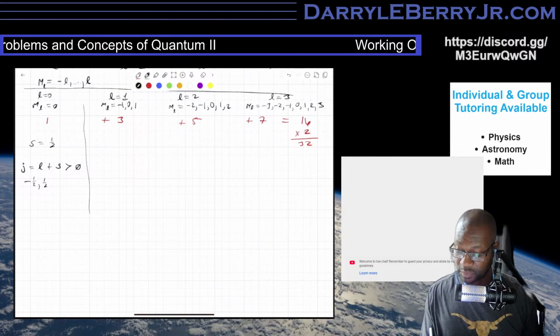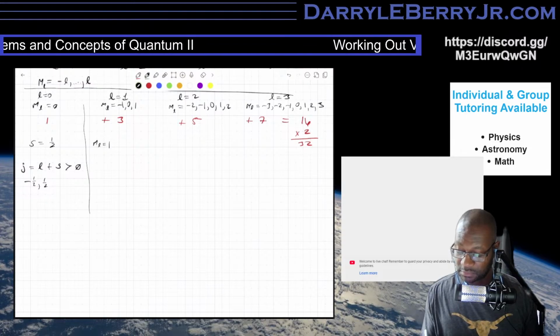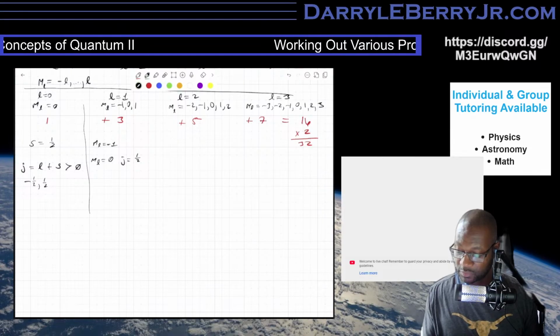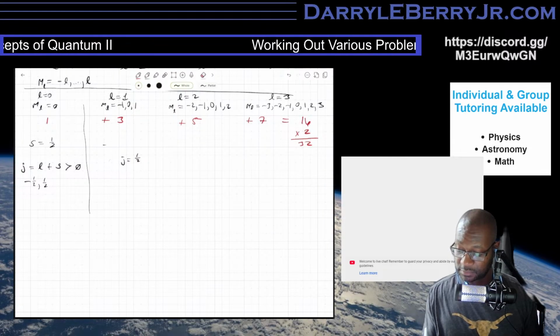The j for ml equals 1, that's not going to give me anything for the negative. For ml equals 0, j equals 1/2. Excuse me, not ml. Thinking about that incorrectly.